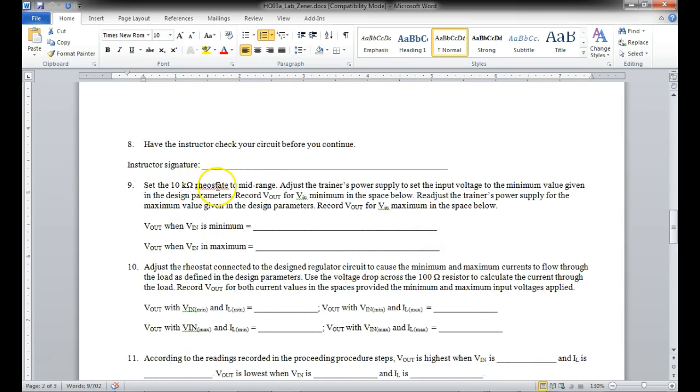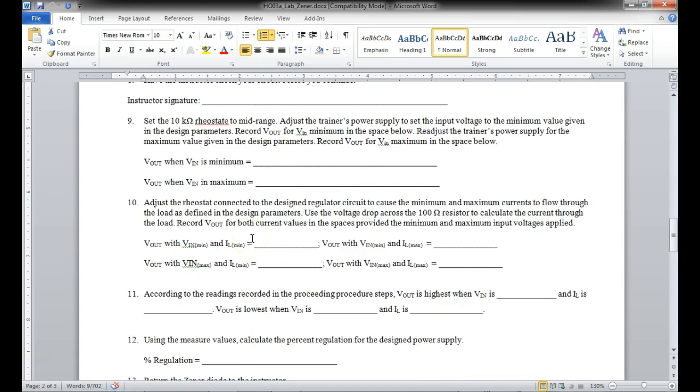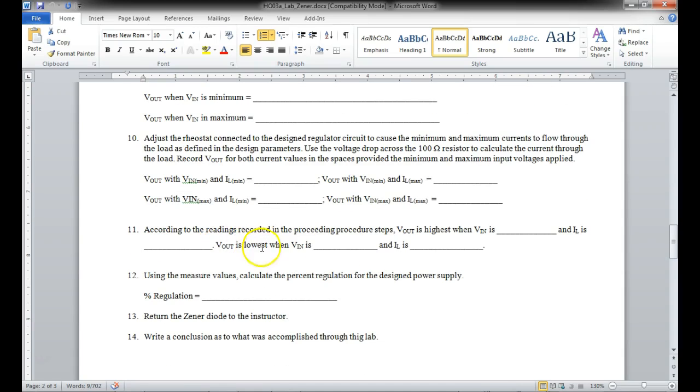And you'll come up here and set the rheostat for mid-range. Adjust the trainer's power supply to set the input voltage. And you're going to change the input voltage, right? You understand that? Record V out when Vin is minimum, and V out when Vin is maximum. Then we're going to change our load currents, and then we're going to calculate.